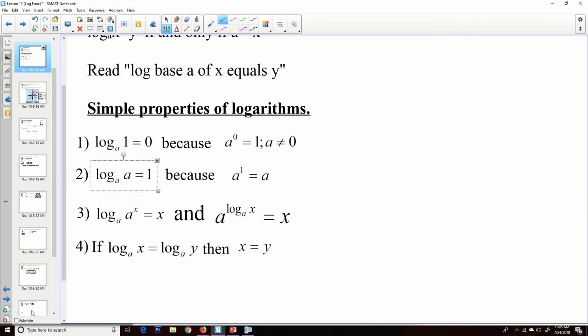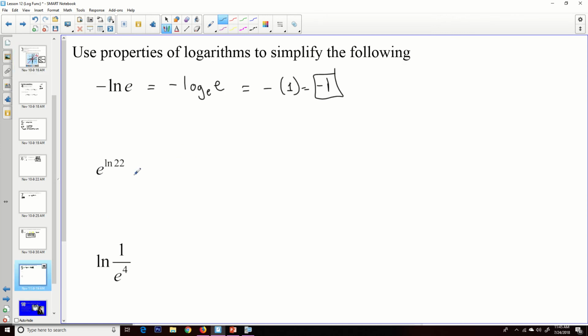So let's write that all out here: e to the log base e of 22. And when you have a to the log base a of some value, it's just that value. So this thing equals 22, and we'll close that off.